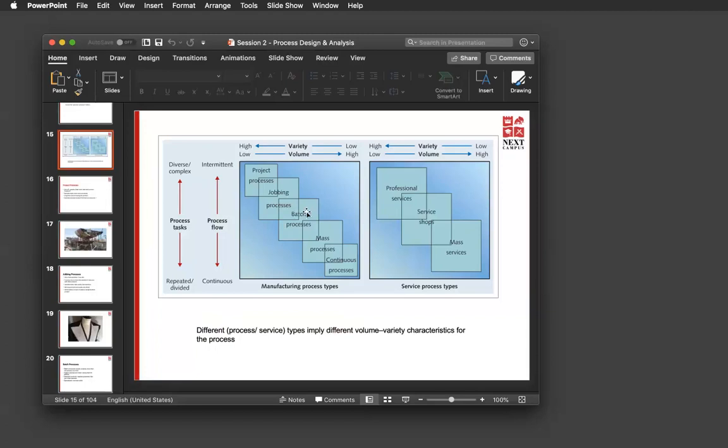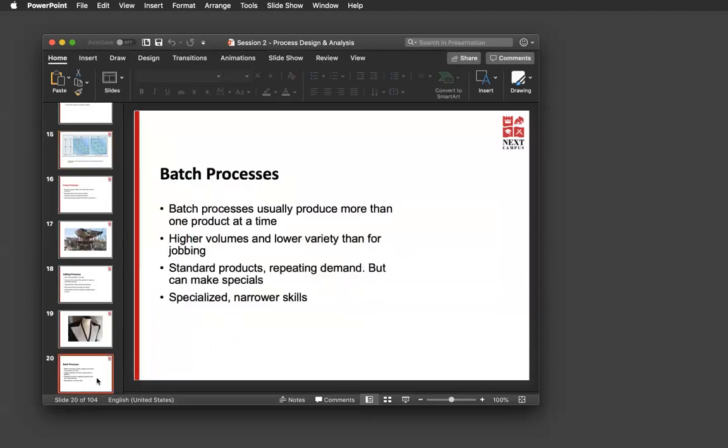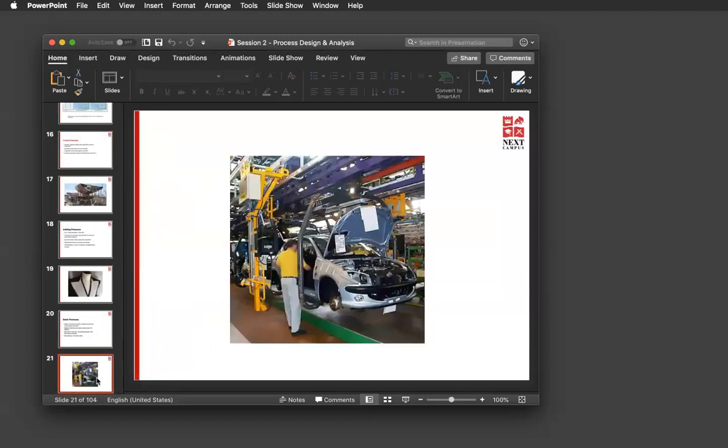A classic example of batch processes is a vehicle component manufacturing plant. There are certain areas in a vehicle that can be done in a continuous process, but in certain parts of a vehicle you need specialized treatment. Okay.